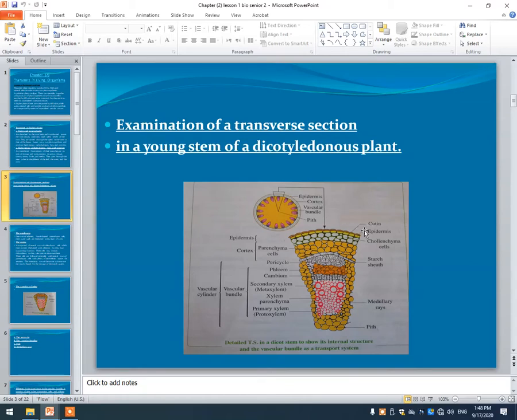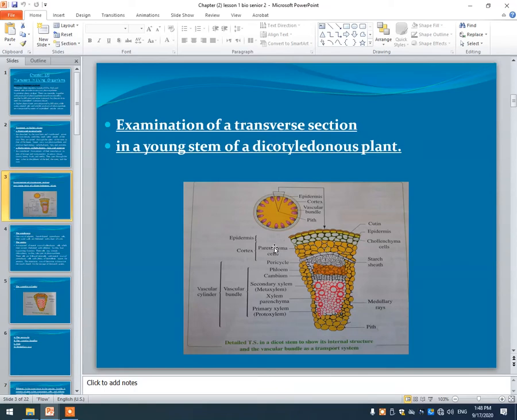After that there is the cortex. The epidermis is covered with cutin, an impermeable material which doesn't allow substances to pass. The cortex is formed from parenchyma cells. Parenchyma cells have spaces for aeration. Also, they may contain chloroplasts, so they can carry out photosynthesis.